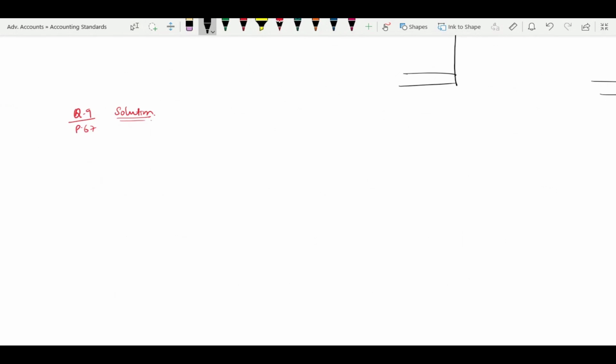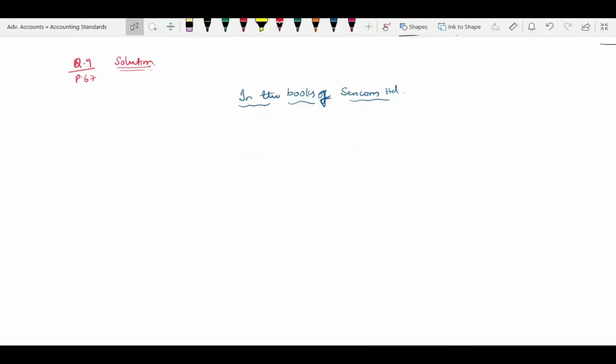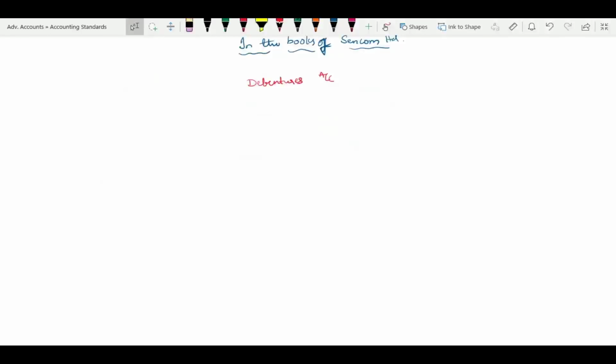So it is in the books of Cencom Limited. Which ledger accounts have they asked? First ledger account is debentures account, for some 8 lines. Then second account, open it: own investment in own debentures, own debentures investment account.